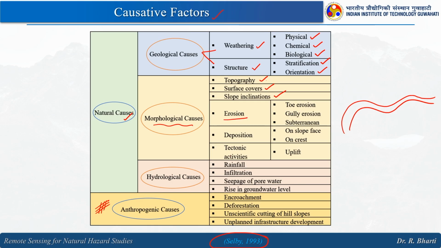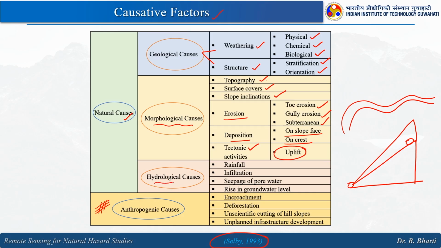Then because of the erosion, you have toe erosion, gully erosion and subterranean, right. Then you have deposition on slope faces, on crest, on both, if there is a deposition, right. So, that will also change the stability. Then you have tectonic activities. So, because of the upliftment, there is a change in the angle, right.